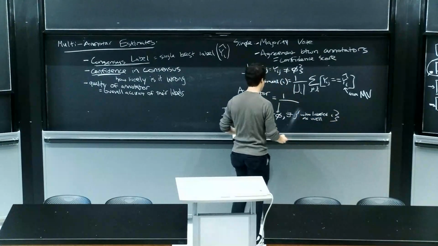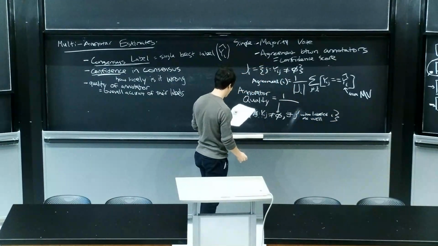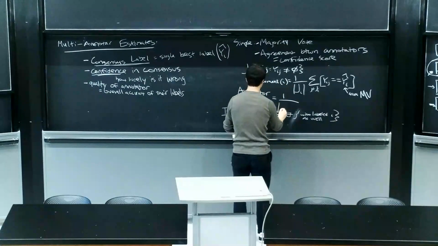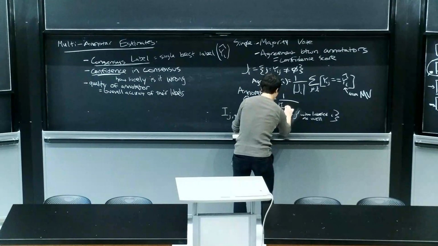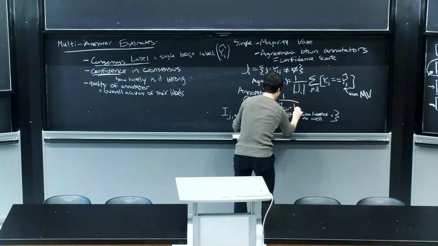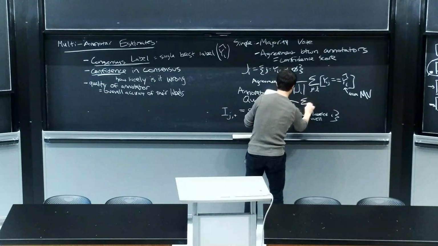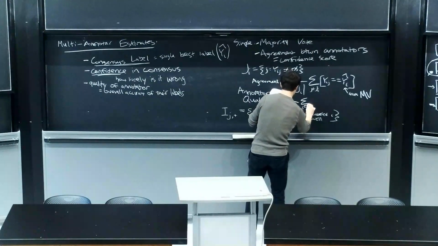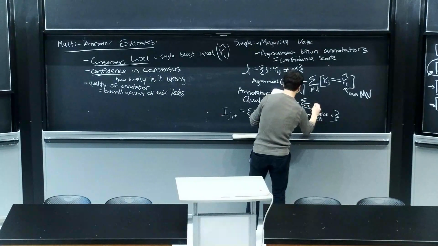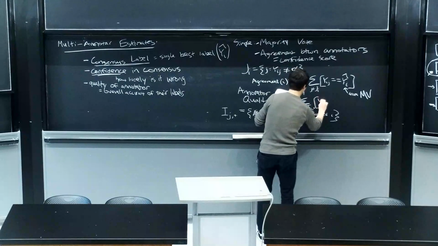Okay, and so with this definition in place, we can say that we evaluate the annotator quality under the simple baseline as just the agreement between this annotator and the consensus label over those examples that fall into the set.